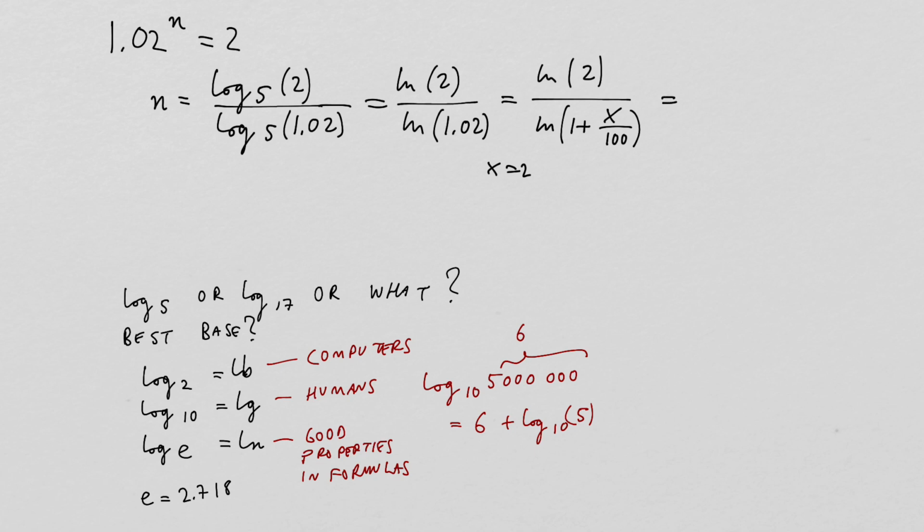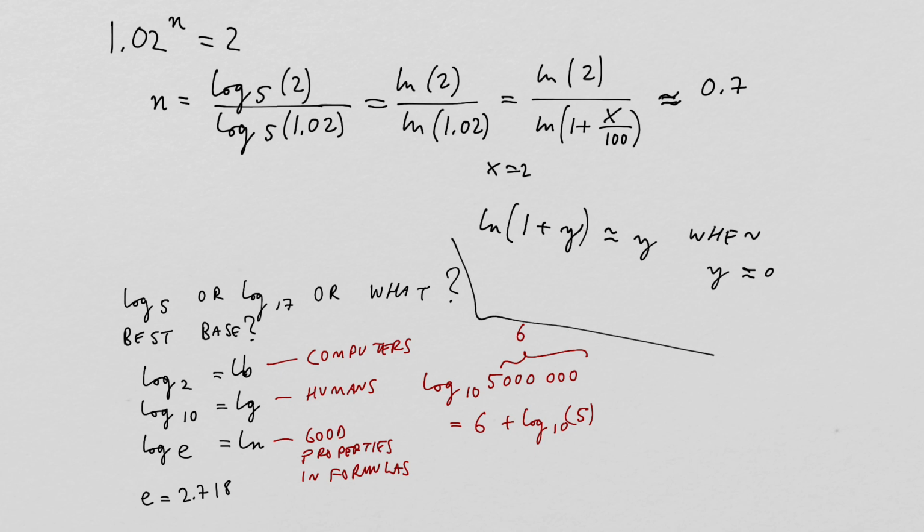Natural logarithm of 2 is about 0.7. Then we have the property that natural logarithm of 1 plus some number is about that number when the number is small. Therefore, natural logarithm of 1 plus x over 100 is about x over 100.